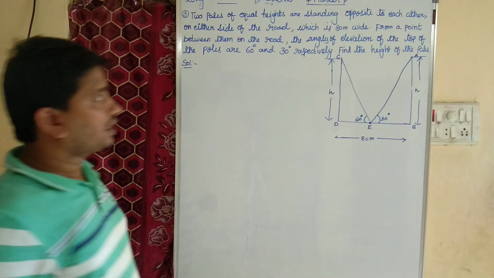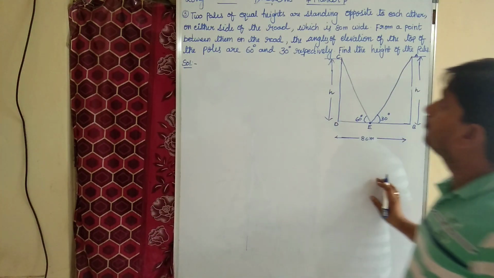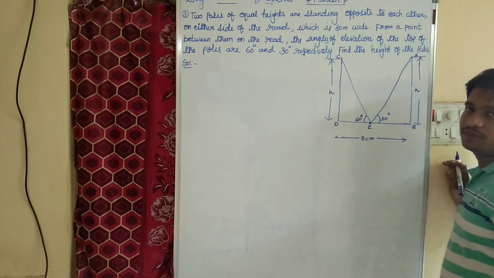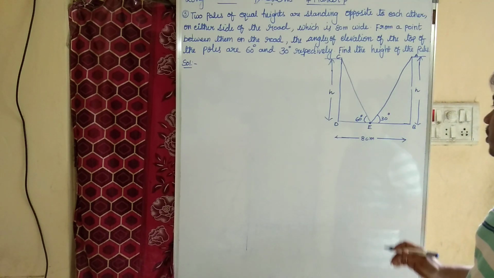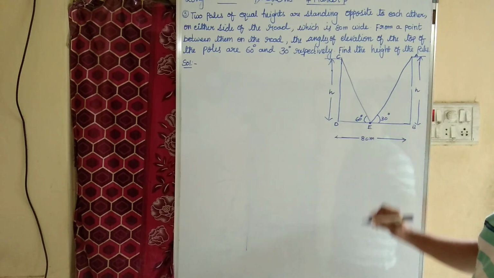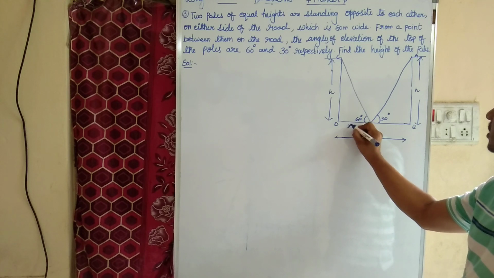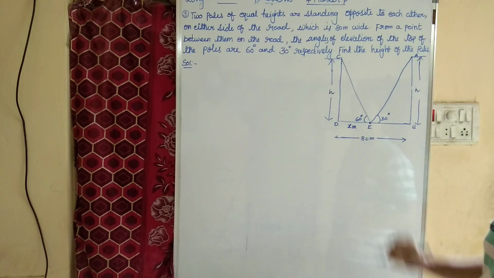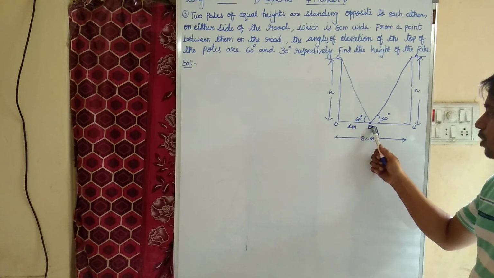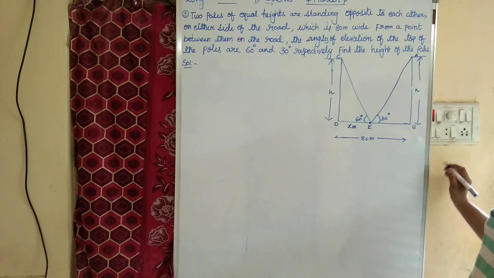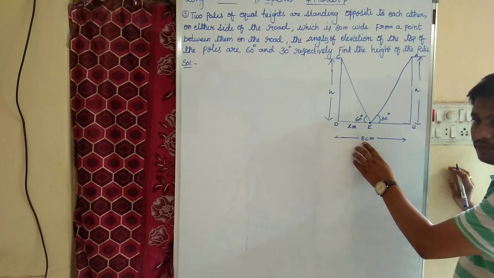Children, 1 minute. What is the distance between B and D? It is 80 meters. We don't know the distance between B and E as well as between D and E. Let the distance between D and E be x meters. Then what about the distance between B and E? We know that the total is 80 meters.